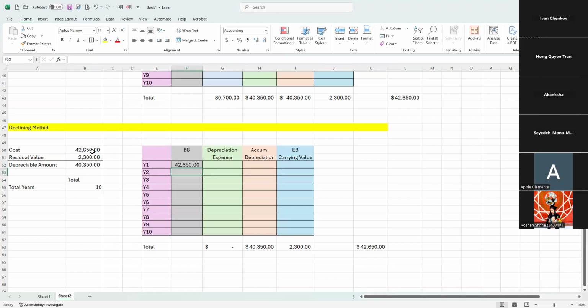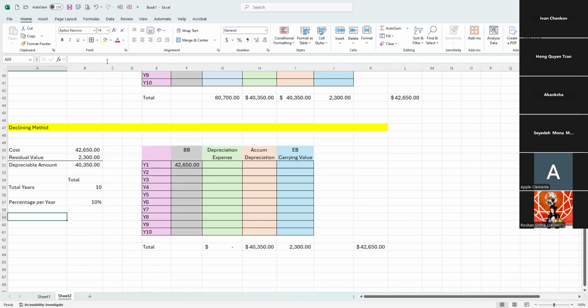So once you have this in mind, what we have to do is to get the percentage. How are we going to get the percentage? 1 divided by the number of years, 10. So what's the percentage per year? 10%.